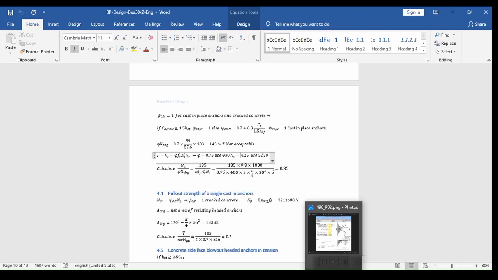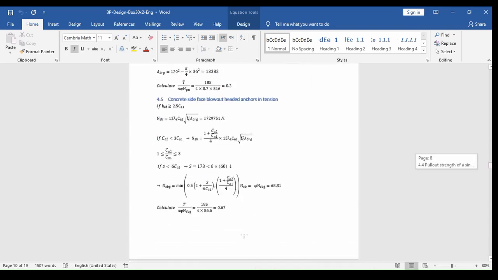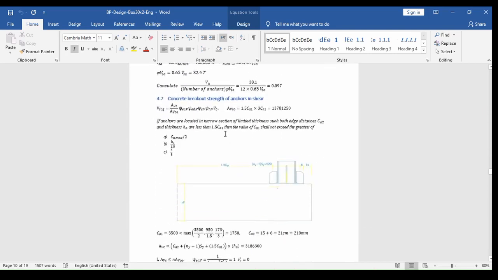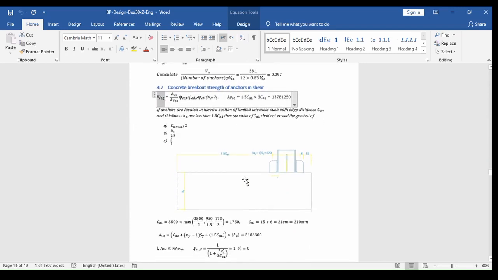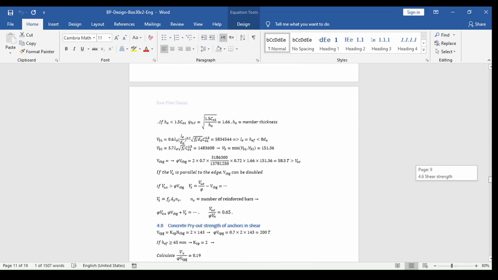So, in concrete breakout in shear, likewise the concrete breakout in tension, you need both Vg and Vcbg. If we find, okay, here Vcbg, and here you can see that Vg, that we assume it here as Vu.